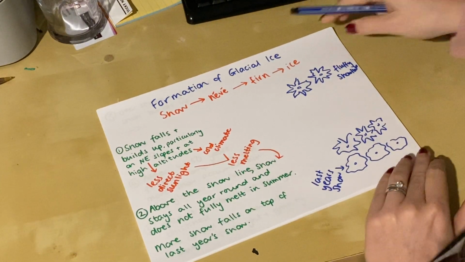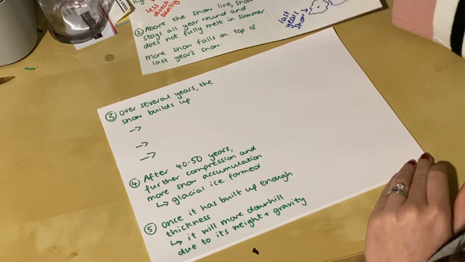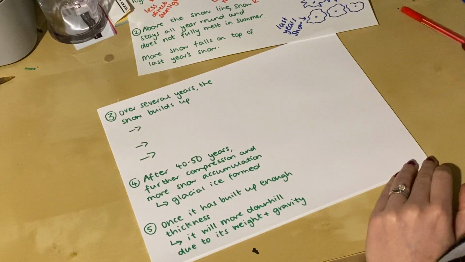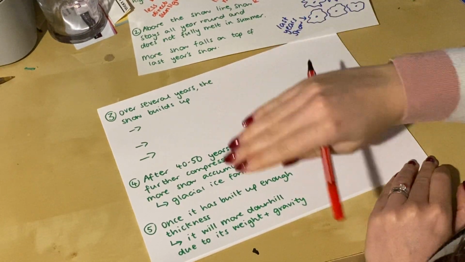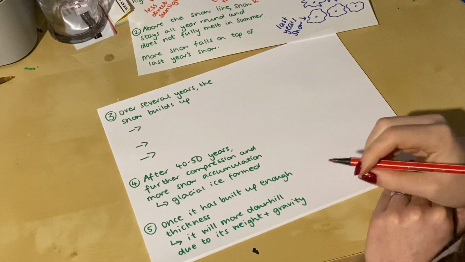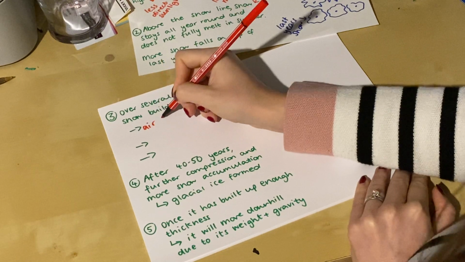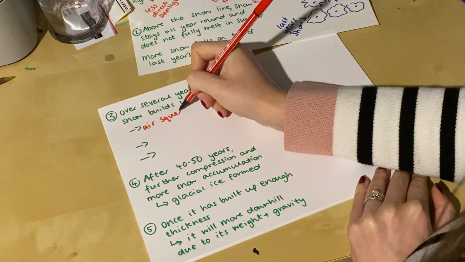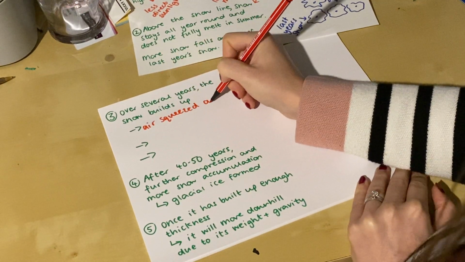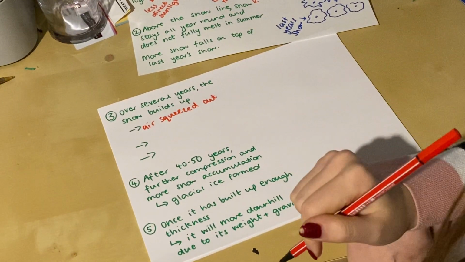And then when we have our new snow falling on top, over several years, the snow basically starts to build up. So we've got snowfall, snowfall, and snowfall, and more snow on top of the other. And a few things happen here. The first thing is that the air is squeezed out. If you imagine snow on top of snow on top of snow, it's getting heavier and heavier and it's pushing out a lot of the air.